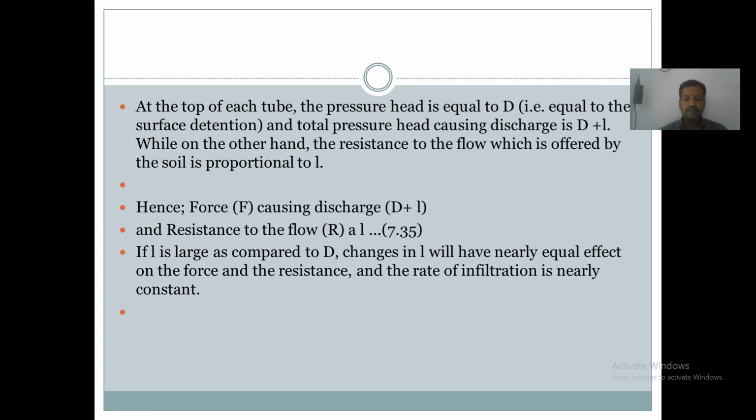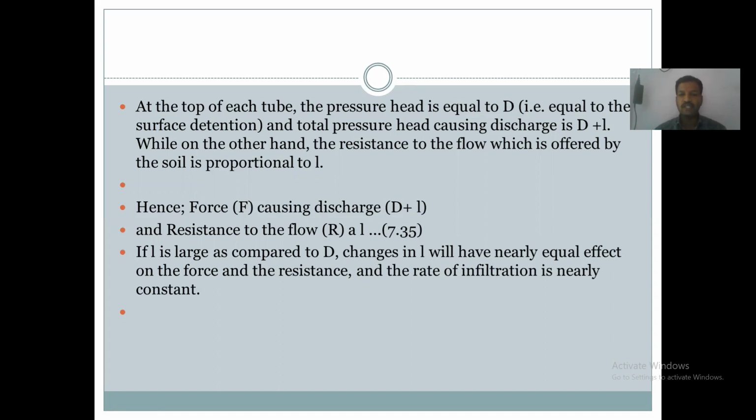At the top of each tube, the pressure head is equal to D. The pressure head at the top of each tube, that is capital D, is equal to the surface detention.